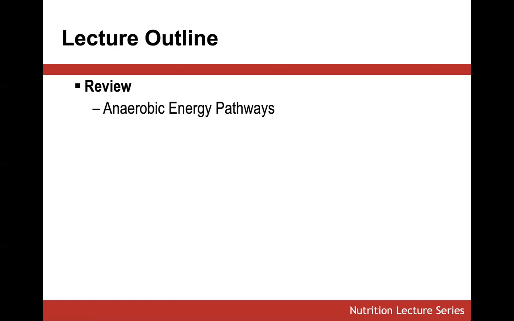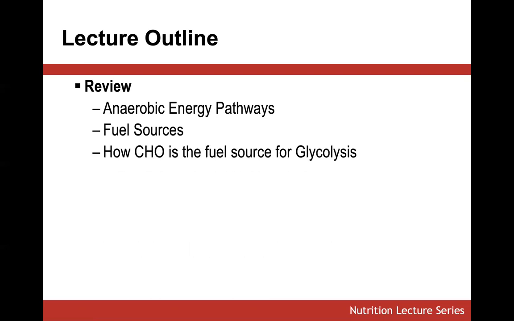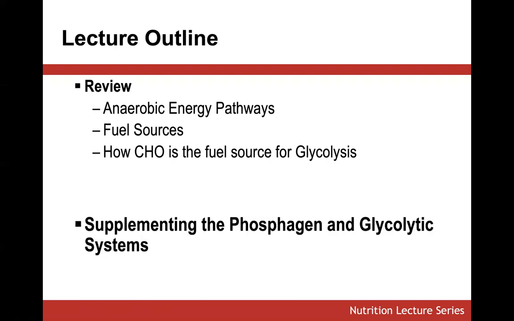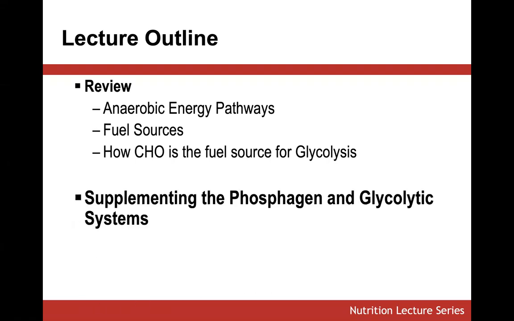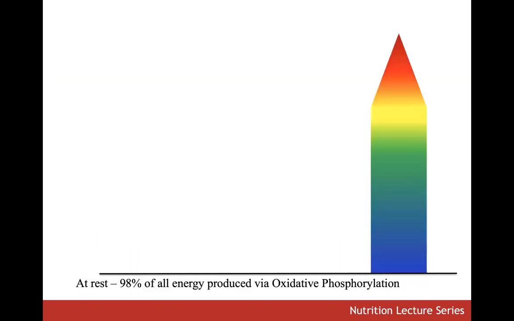We're going to review the anaerobic energy pathways, the fuel sources associated with the anaerobic pathways, how carbohydrates are the fuel source for glycolysis, and then we'll get into the meat and potatoes of our lecture here on how we supplement the anaerobic pathways, particularly the two anaerobic pathways of the phosphagen system and the glycolytic system. So let's do a quick review.